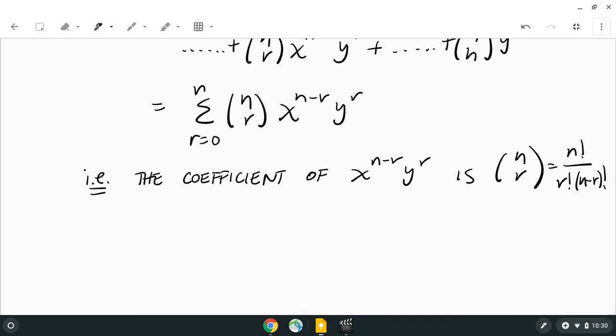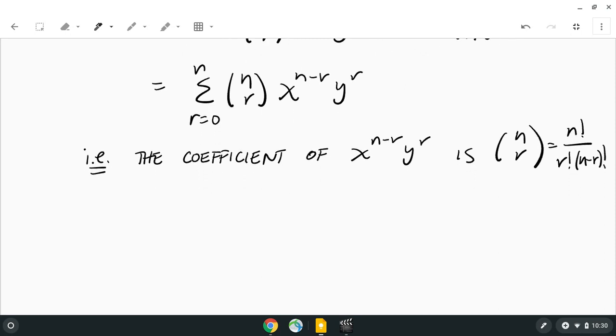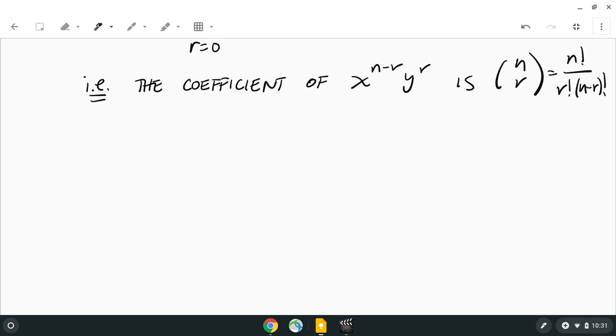Okay. So that's the coefficient. So that's just another way of finding those numbers that we found using Pascal's triangle, which is great if we have higher powers than 6 or 7, right? Or even 10, because you don't want to be sitting there doing Pascal's triangle if you're doing x plus y to the 24th power, right?